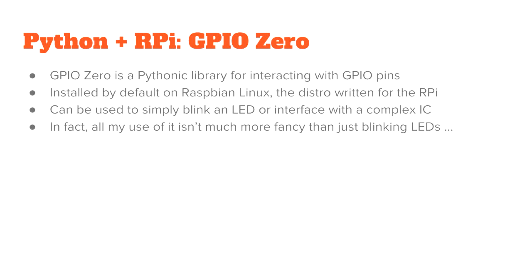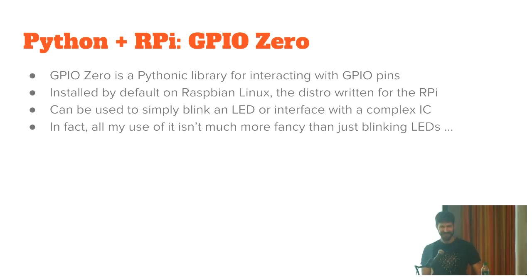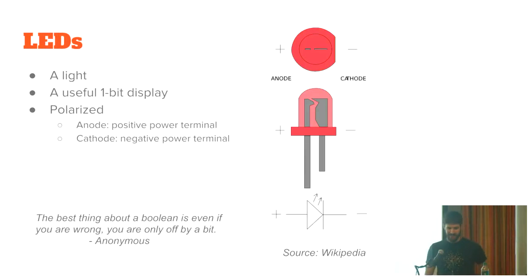It's pretty Pythonic for those of you who want that aesthetic in your code. It's a nice Pythonic library, so I made use of this one. They have functionality for interacting with LEDs all the way through different integrated circuits and stuff. I basically just use the LED blinking functionality, and it's pretty nice.